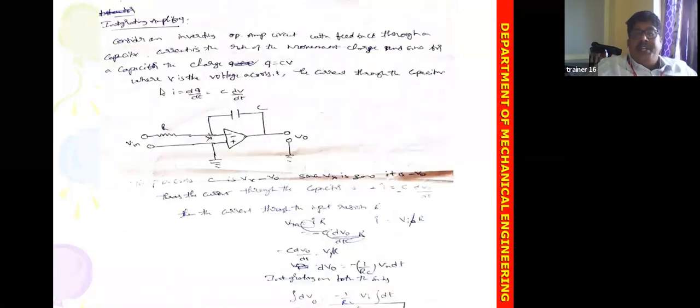In the adder, 3 resistors are connected in parallel and RF is the feedback resistor. The output voltage is the sum of the input voltages VA, VB, and VC. The next is the integrating amplifier, with 1 capacitor and a resistor.